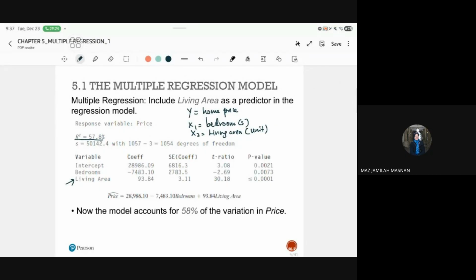It means that bedroom and living area together account for 57.8% of the variation in the home price. In terms of R squared, it is increasing, which is much better than having only 21% with only bedroom.